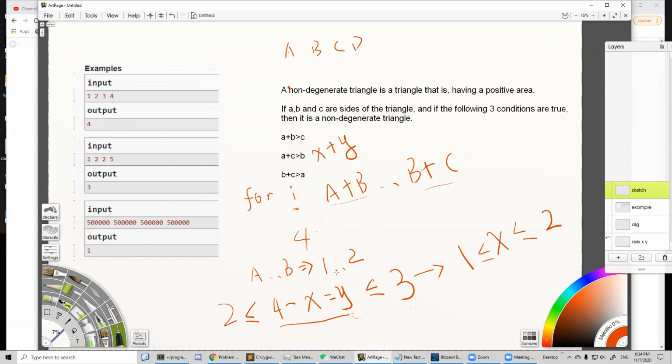So we get another restriction on x, which is the same as the previous restriction of A and B. So we have 2 possibilities here for x, right?